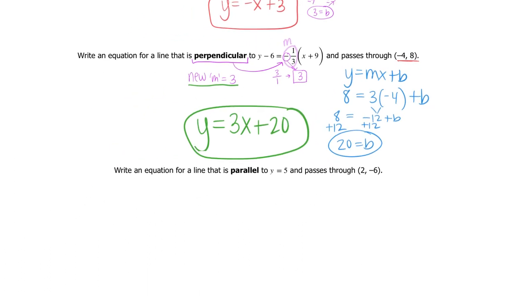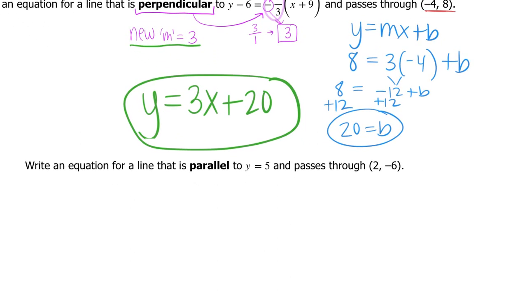All right, and then finally we have our last example. This one is a little different because it involves one of those special lines. The easiest way to do this is to picture it on a graph. They want a line that is parallel to this one. Now this is a little different. The slope of this line is not 5, right?